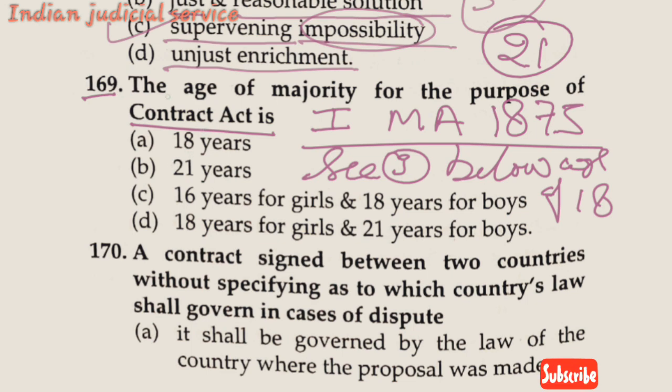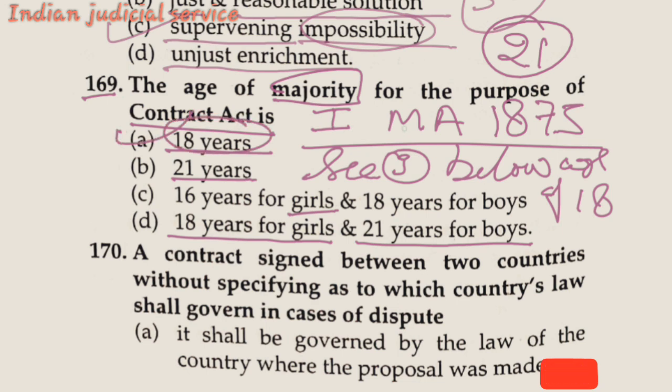So in this question, the age of majority for the purpose of contract: option A, 18 years; option B, 21 years; option C, 16 years for girls and 18 years for boys; and option D, 18 years for girls and 21 years for boys. It is clear here, option A, 18 years.